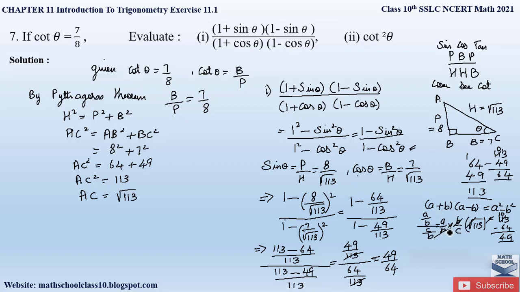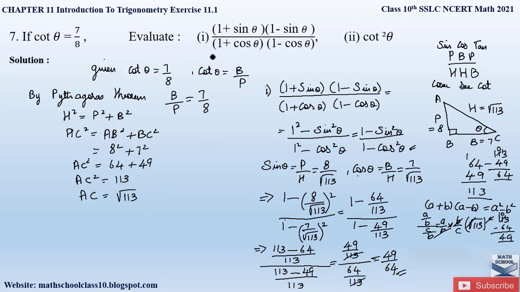So this b and b will get cancelled and we will be left with a by c. So same way we have done here. So therefore the value of 1 plus sin theta into 1 minus sin theta divided by 1 plus cos theta into 1 minus cos theta will be equal to 49 by 64.